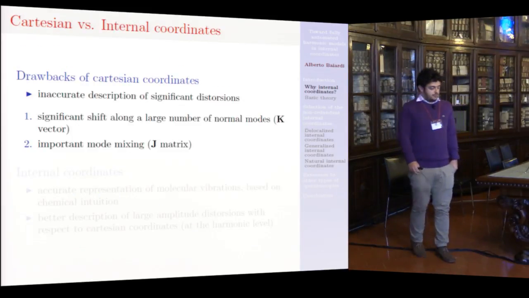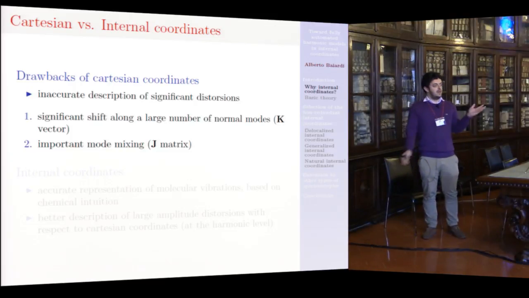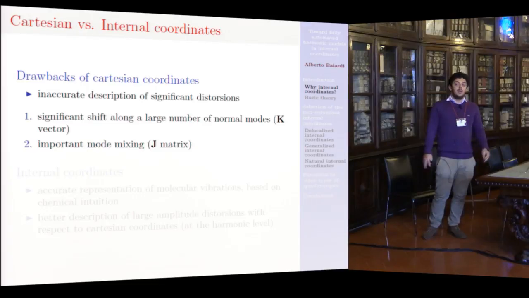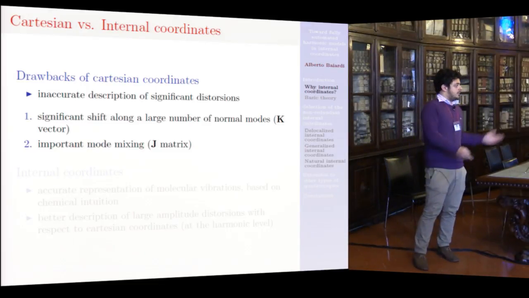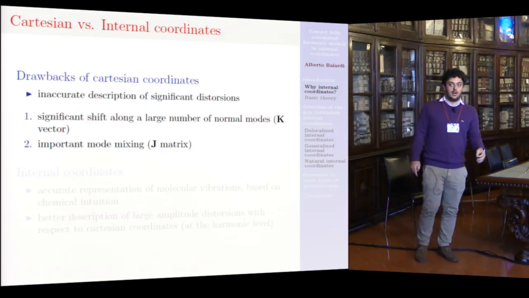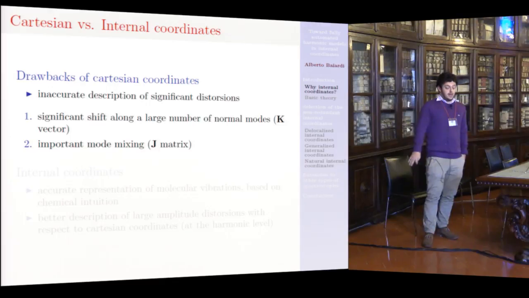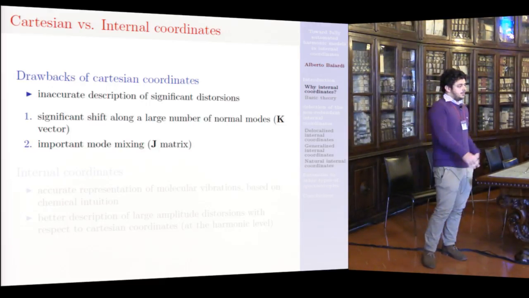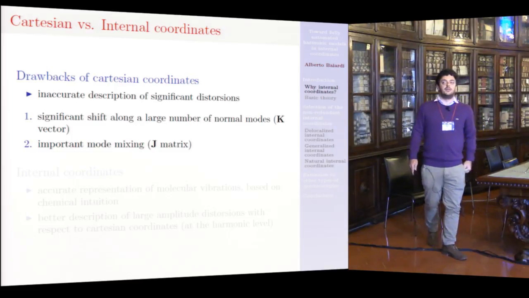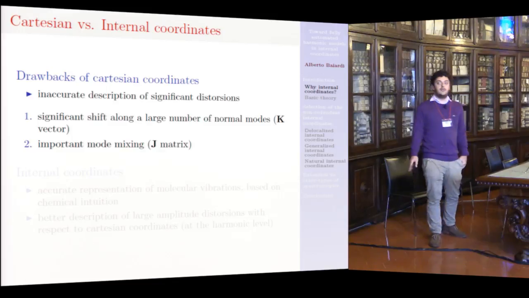But why is that? If you see the geometry of the two states, the singlet state is twisted while the triplet state is planar. So between the two different electronic states, there is a huge deformation associated to the dihedral angle between the two rings. And at the harmonic level, Cartesian coordinates are not able to describe correctly this kind of deformation. And this has two main effects.